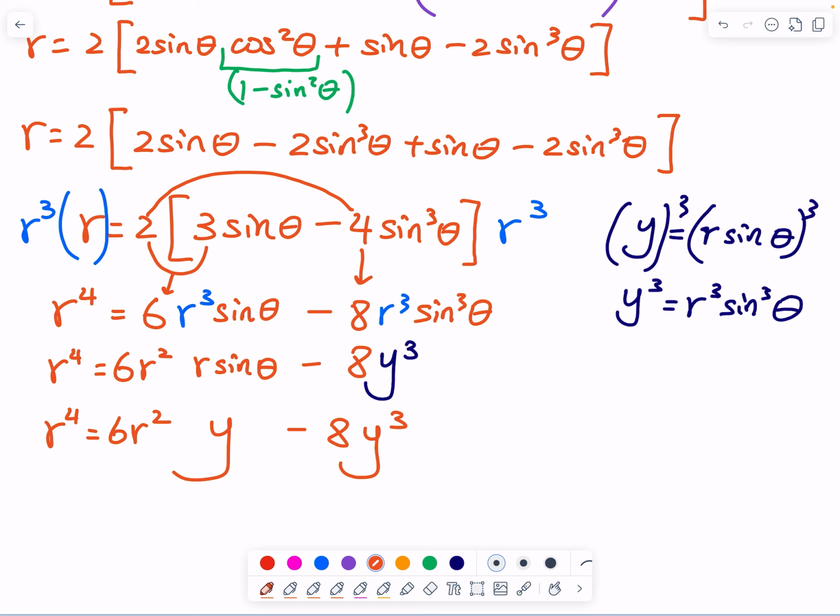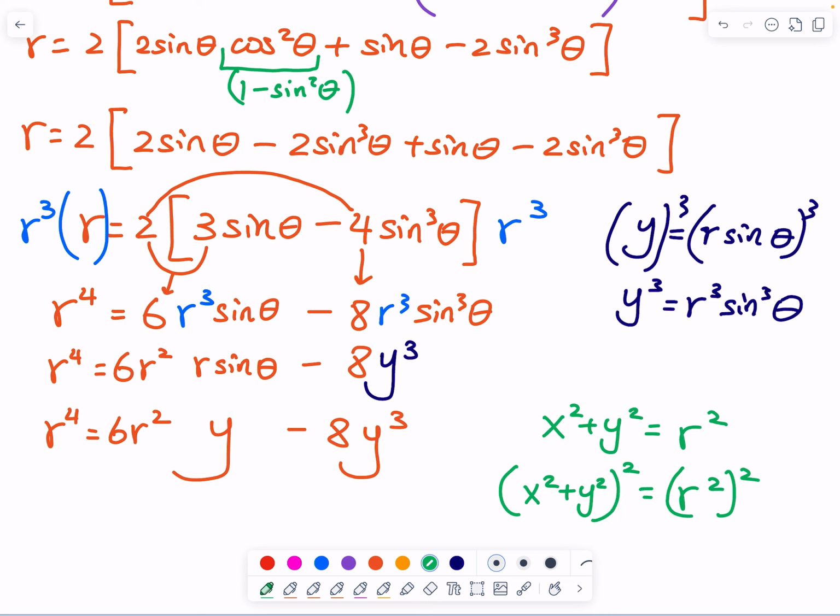How about I will use this. Let's just use a different color. x squared plus y squared equals r squared, right? If I do r squared and then square, then this is x squared plus y squared, and then this will be squared.